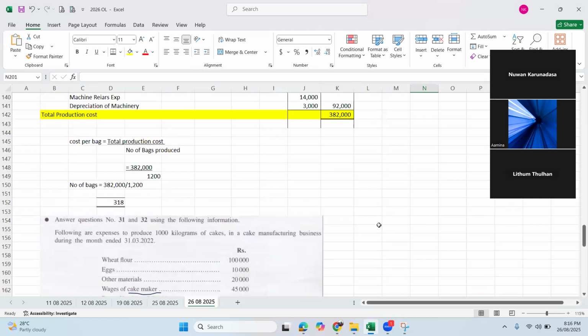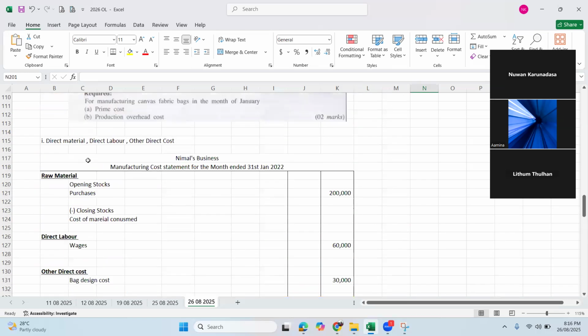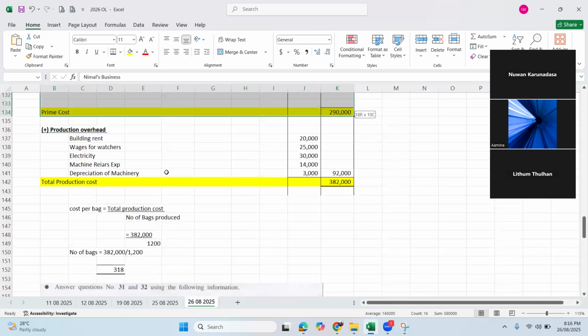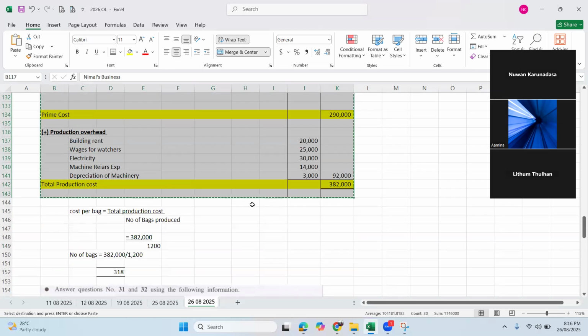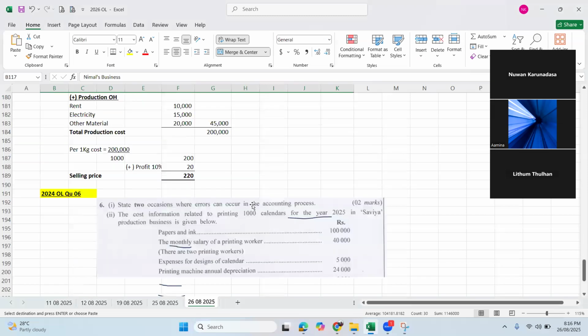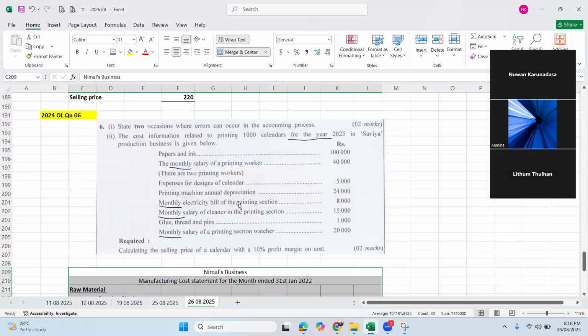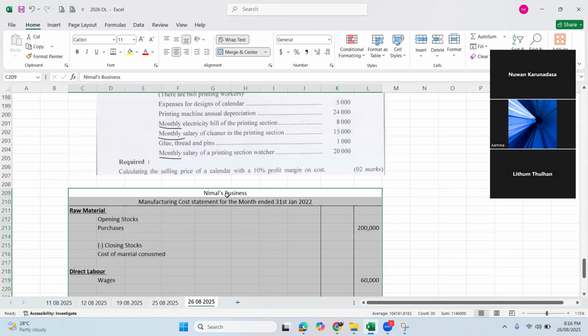So we will do the manufacturing cost statement. I just copy the format. Xavier production business.